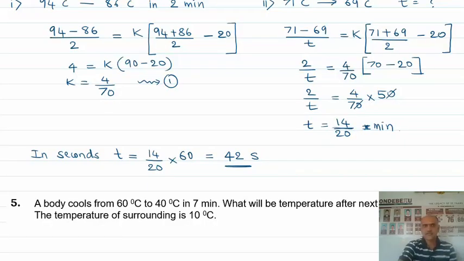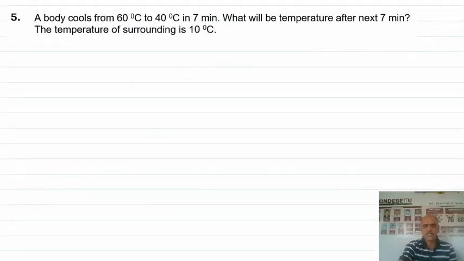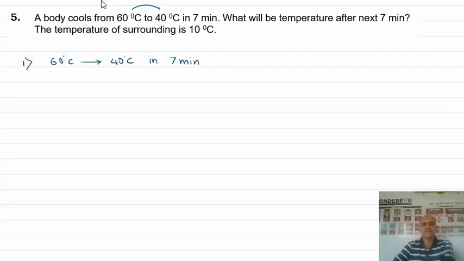Now take the next one, same Newton's law of cooling. A body cools from 60 to 40 in 7 minutes. So 60 degrees centigrade to 40 degrees centigrade in 7 minutes. What is the temperature after the next 7 minutes?